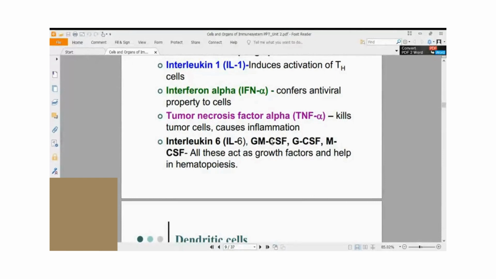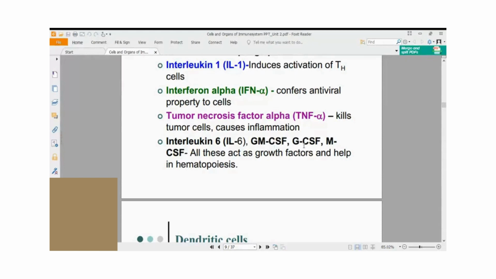This growth factor, when it is secreted by the macrophage, goes to the bone marrow and makes the bone marrow produce a large number of monocytes as well as a large number of granulocytes, which are required now for the defense. Because there is an infection, you need the population of these cells in large numbers. That is why it is secreted by the macrophage.